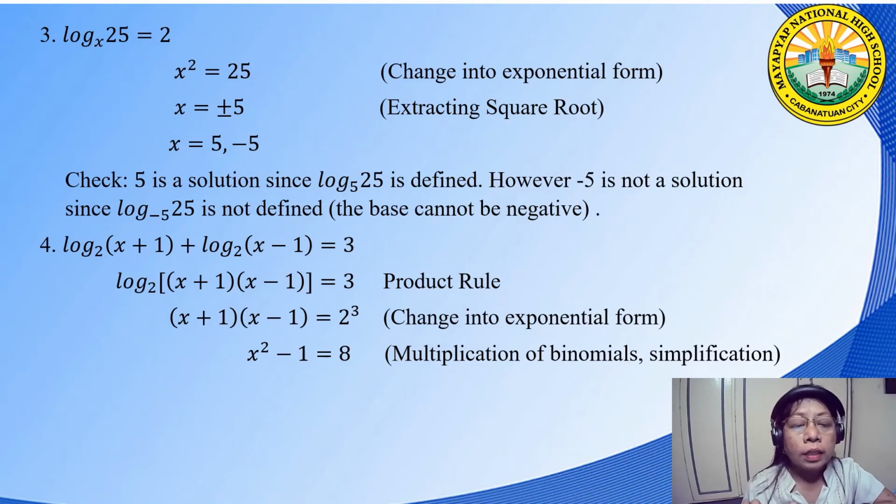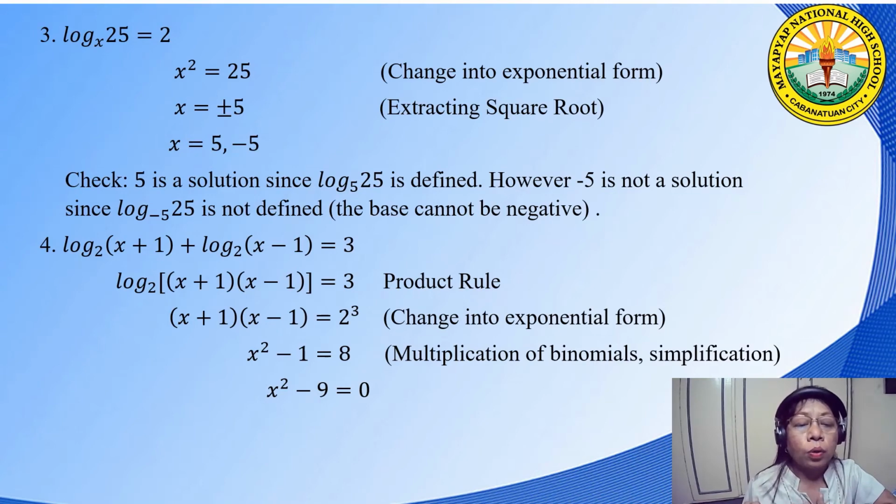So we have to find the product, that is equivalent to x squared minus 1 equals 8. Then to simplify, it becomes x squared minus 9 equals 0.